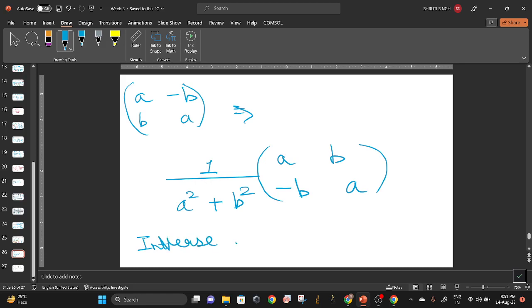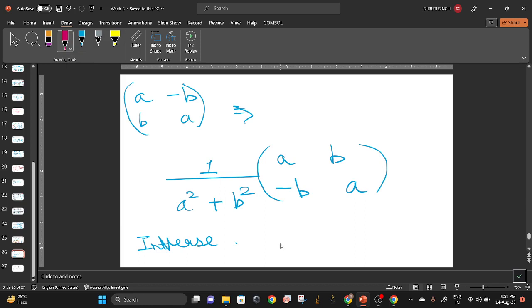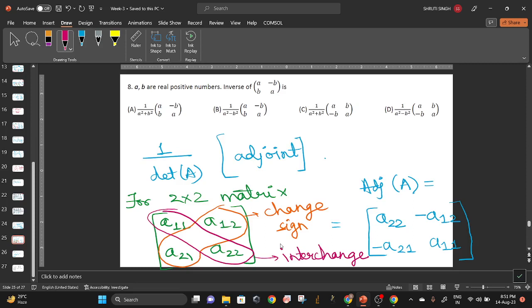Okay. Ma'am, this same trick you just said, they have applied in a question in the third assignment. But this trick will not be applicable if there is any complex number. No, if a complex number is there, yes, this will not be applicable. First, it should be a 2 cross 2 matrix. For 3 cross 3 you have to go by the long method only, finding cofactors and all.